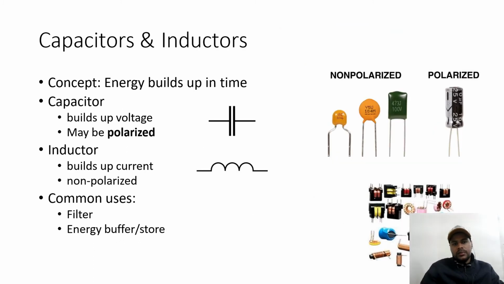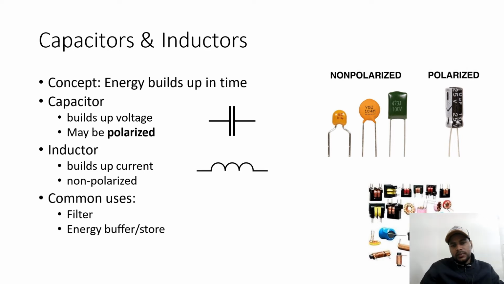Now what are capacitors and inductors? The concept used here is that energy builds up in time. A capacitor builds up voltage. Voltage is stored in the capacitor. It may be polarized or non-polarized. An inductor builds up current.